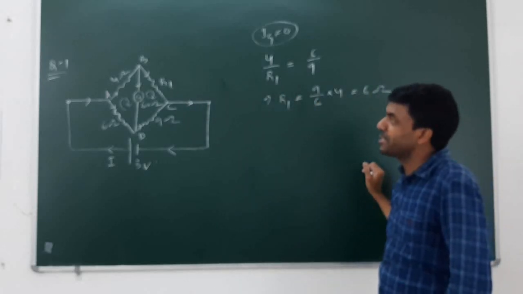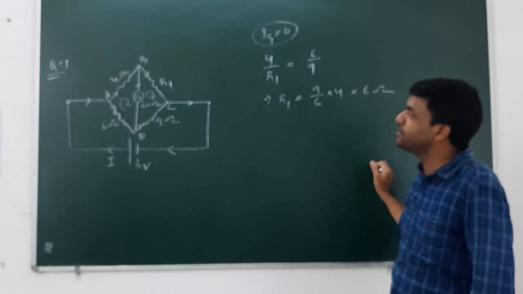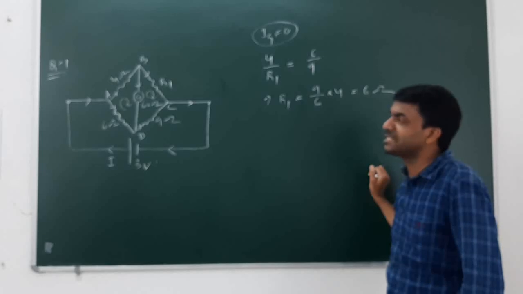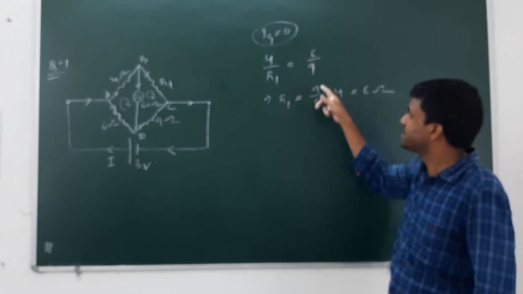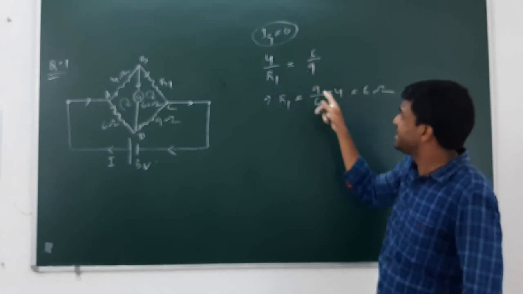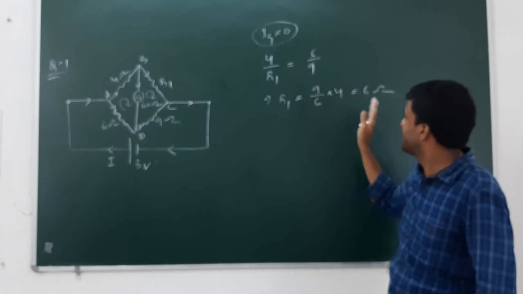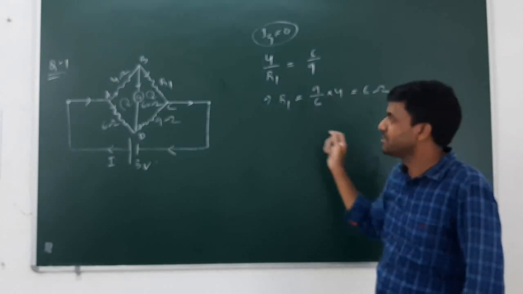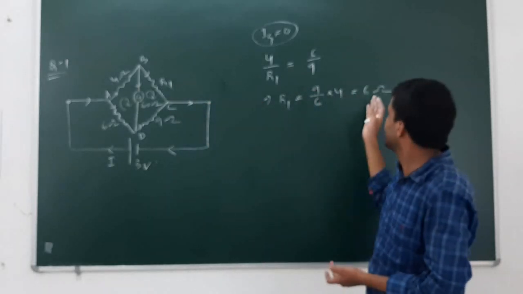According to the definition of the Wheatstone bridge, it is calculated accurately using the other 3 known resistances, here 4 ohm, 6 ohm and 9 ohm. Therefore R1 is equal to 9 by 6 into 4, and solving this, we get R1 equal to 6 ohm. So the unknown resistance in the Wheatstone bridge question is 6 ohm.